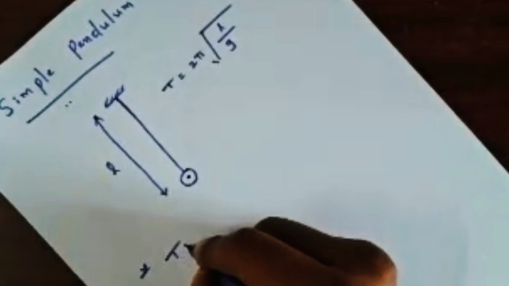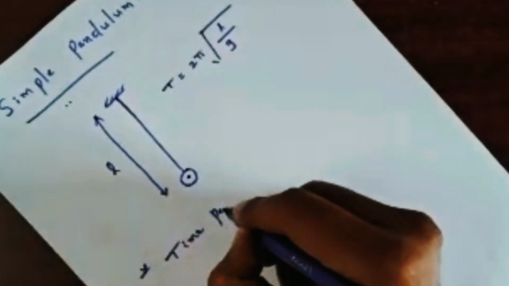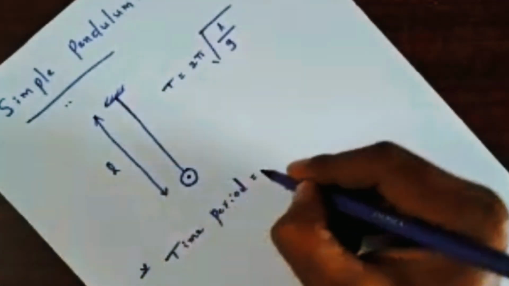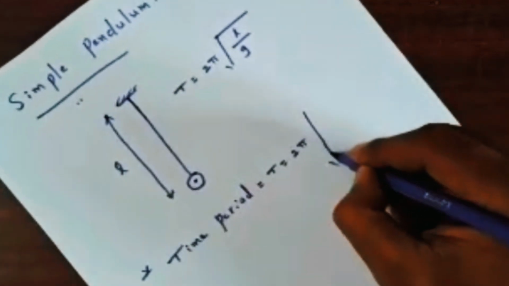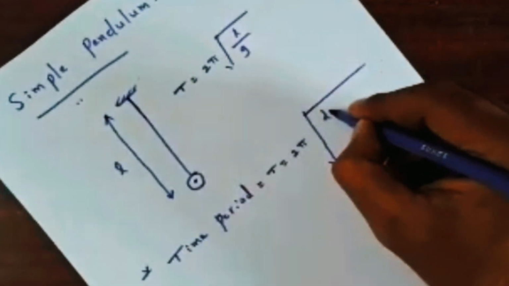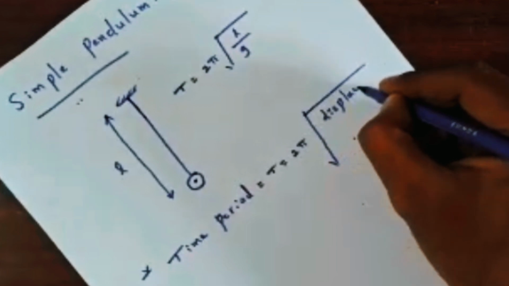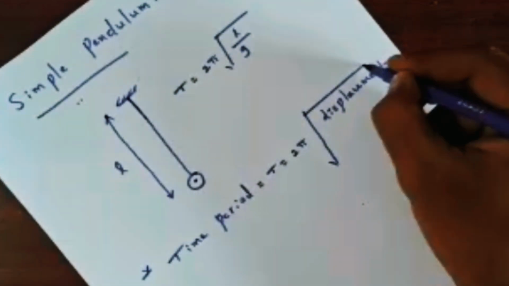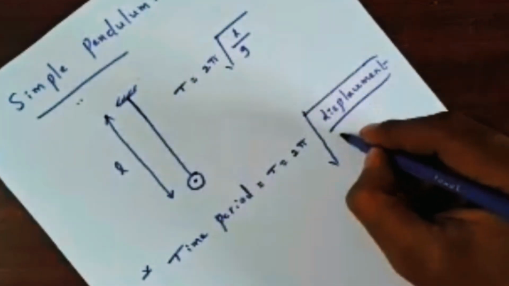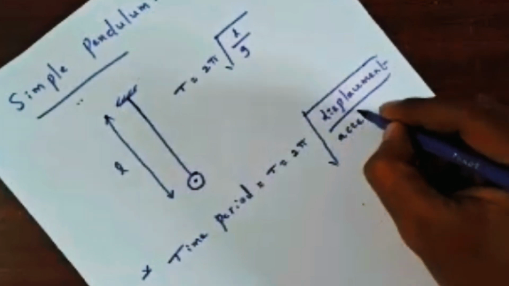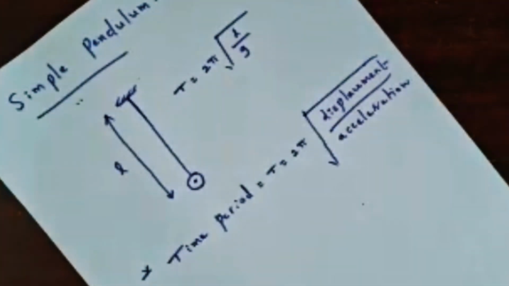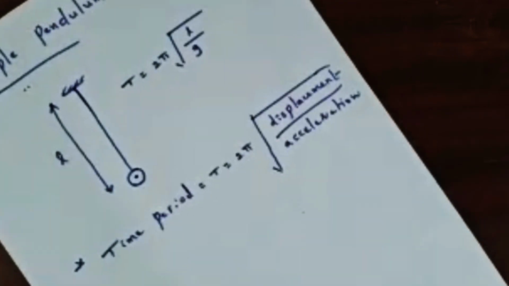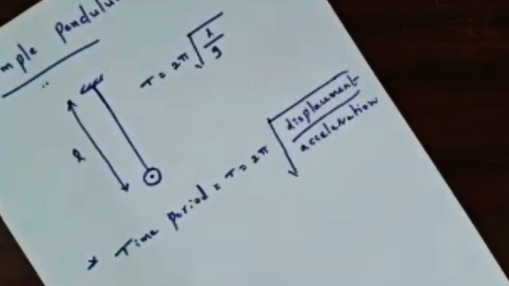The general formula in this case is time period T is equal to 2 pi root over displacement by acceleration. Simply we call it acceleration. T is equal to 2 pi root over displacement by acceleration.